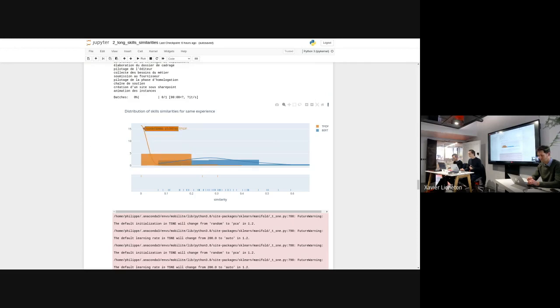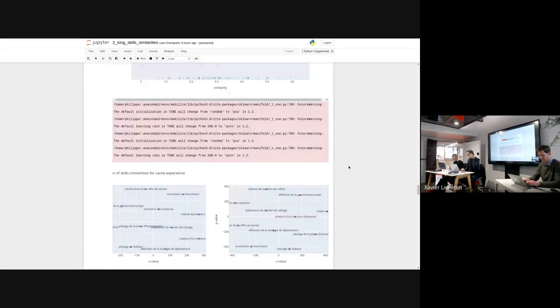TF-IDF will say a lot of things are not similar at all, but some are very similar. On the other hand, BERT will find that everything is kind of similar to everything else, so the distribution is much broader. When you process the output of the two methods, you have to be careful and find the right threshold to get rid of false positives, false negatives, etc. It can be quite tricky.